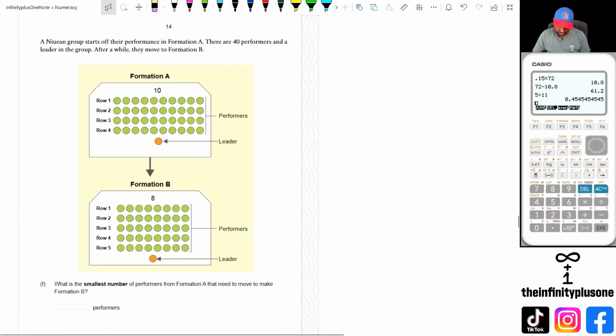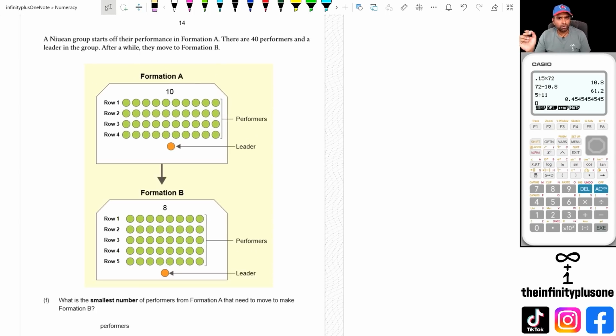All right, next one. 40 performers with the leader in the group. After a while, they formed to formation B. So they went 4 by 10 to 8 by 5. What's the smallest number of performers from formation A that need to move to make formation B? Okay, so we're trying to figure out how many people will actually move.